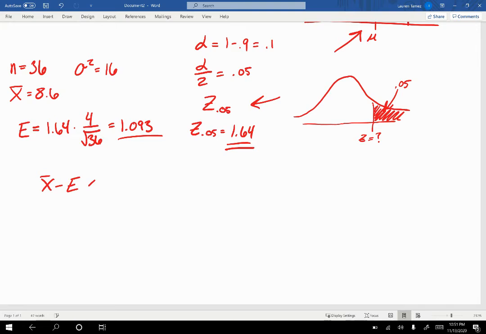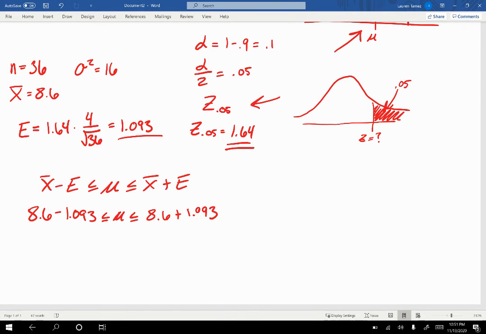So we can plug in our values here. We have 8.6 minus 1.093, and 8.6 plus 1.093.